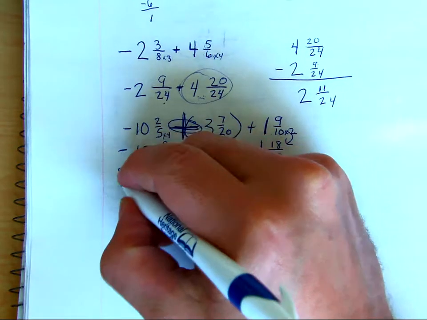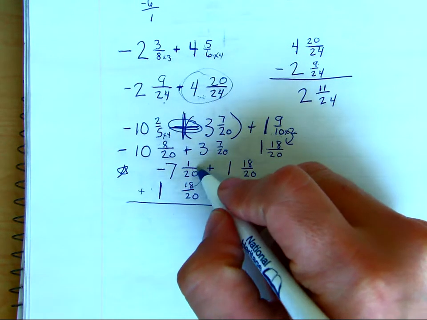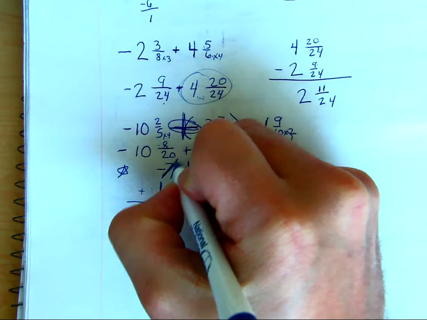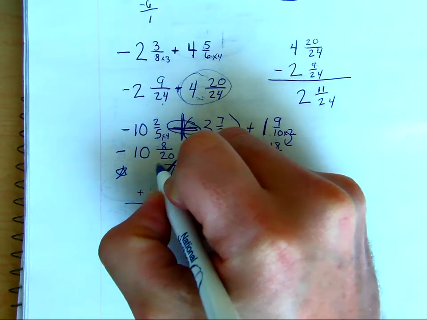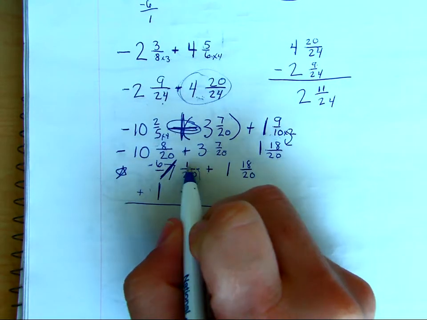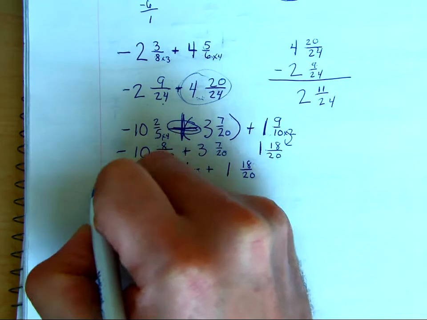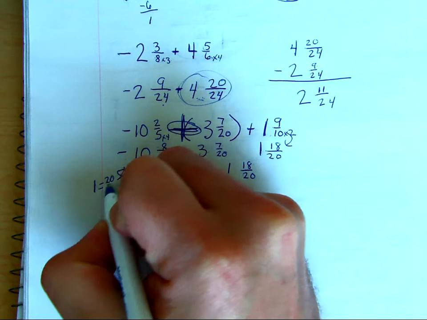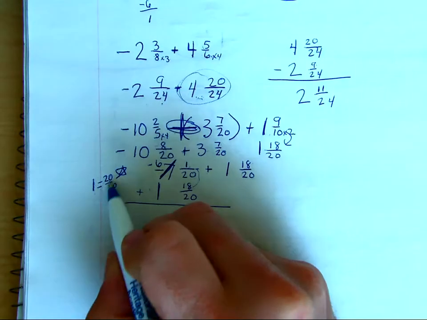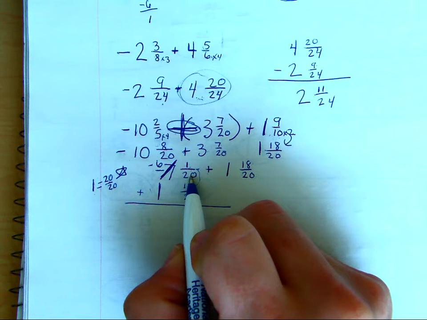So this is a key step. I recognize I'm trying to take away more than I have. If I borrow, I'm going to borrow from the whole number. So if I take 1 from here, that becomes a negative 6. And then with this, the 1 whole I took, that would equal 20 out of 20, because 20 divided by 20 is 1. I chose 20 out of 20 because I got a denominator of 20.